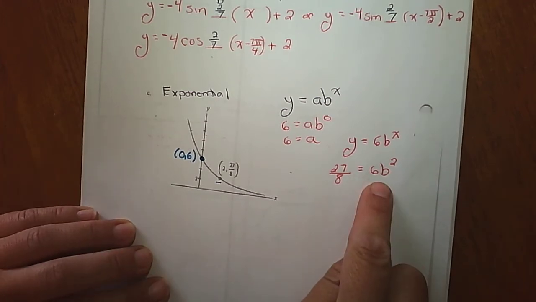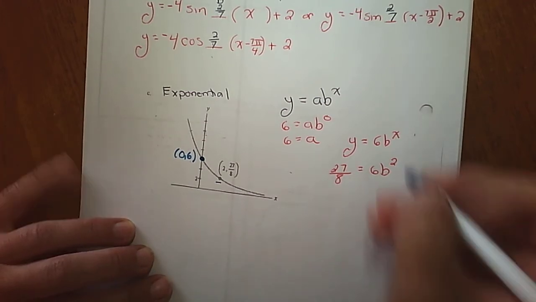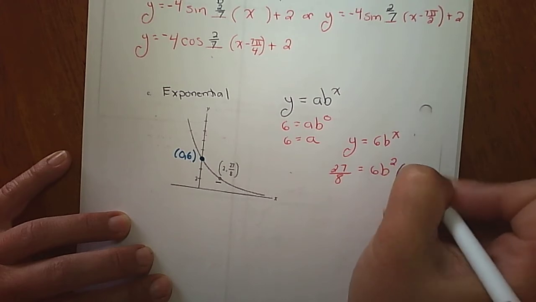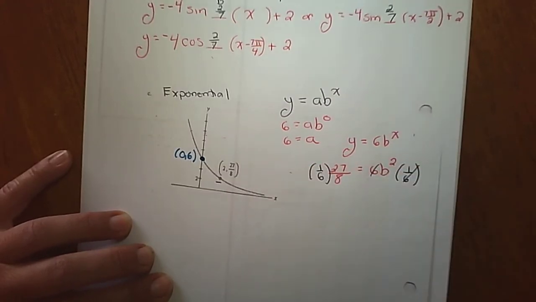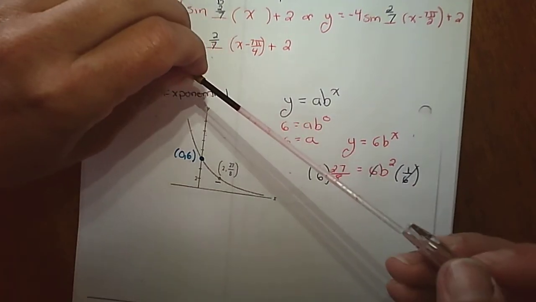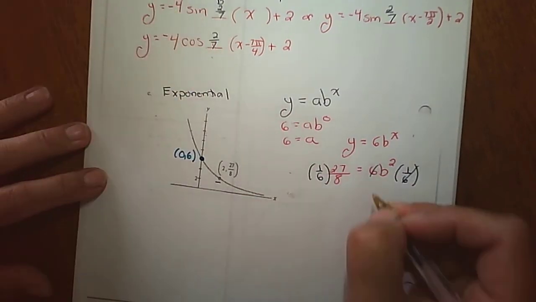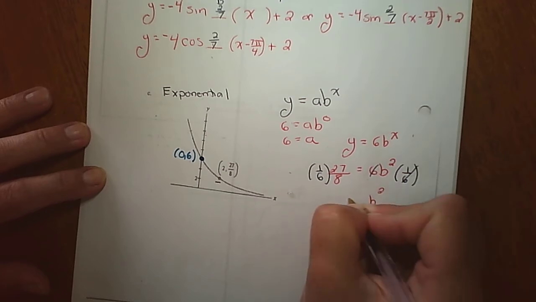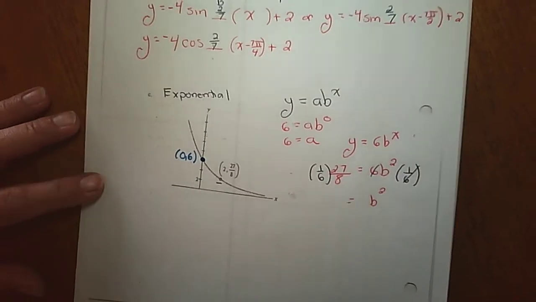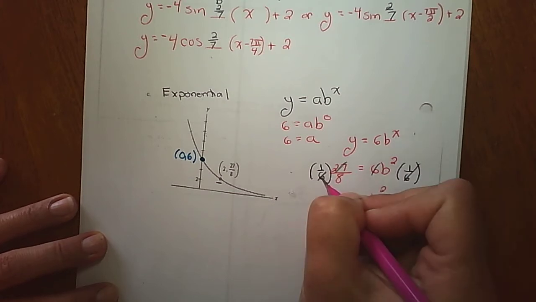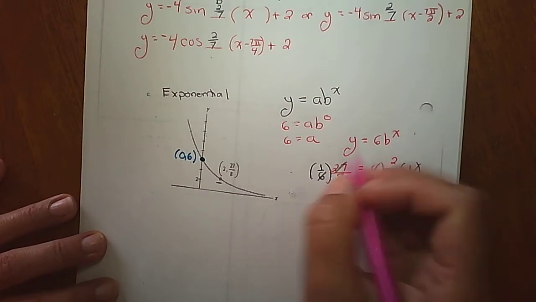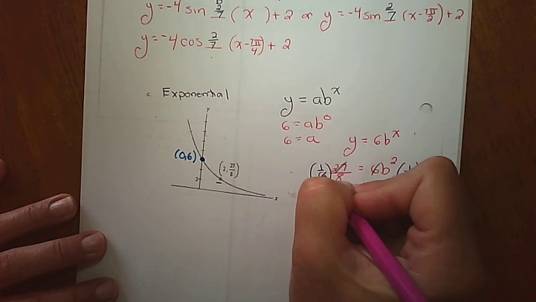All right, so I'm trying to get b squared alone. So what I'm going to do now is multiply both sides by 1/6 so that these cancel. This pen keeps breaking. So I get b squared equals, and now here I'm going to reduce this, right? 6 and 27 have a 3 in common, so that becomes a 2.